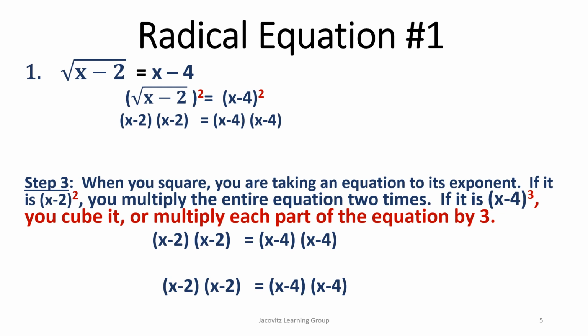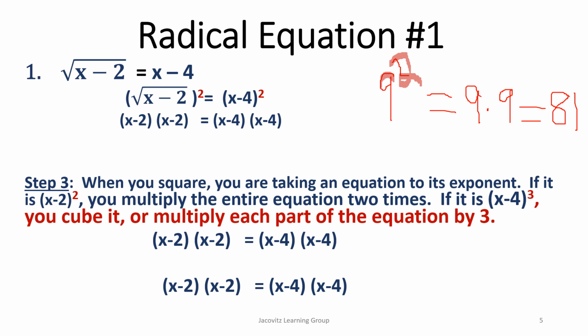Because the exponent 2, if I say 9 squared, I mean to take 9 times 9, and I will get 81. Squared means to take it 2 times.